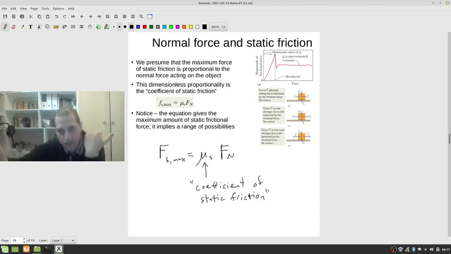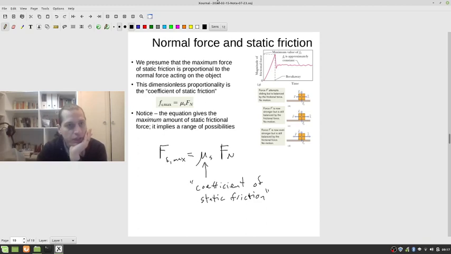It'll suddenly start accelerating, and then there'll be a different, smaller force that needs to be applied to keep it moving. So we're going to have one magnitude of our maximum amount of static friction, that's the frictional force applied when your object isn't moving, versus the amount that you'll get with kinetic friction. That's when your object is sliding.